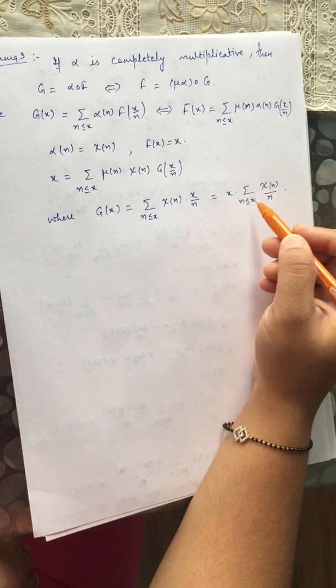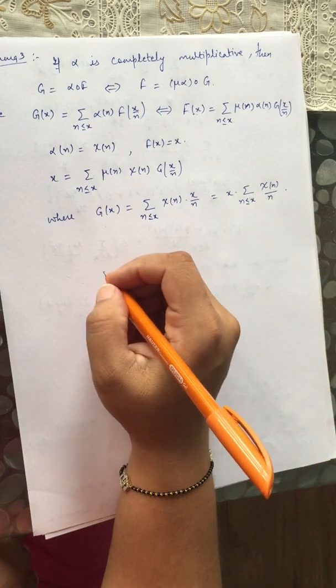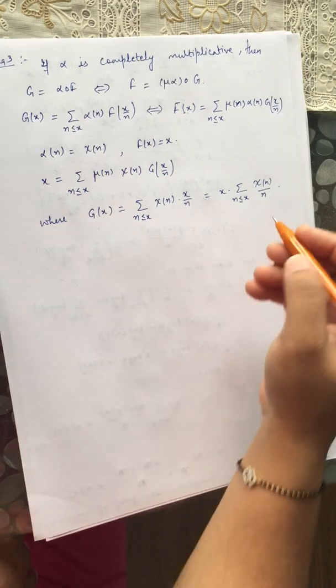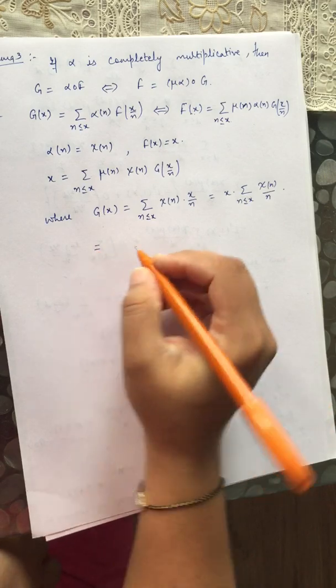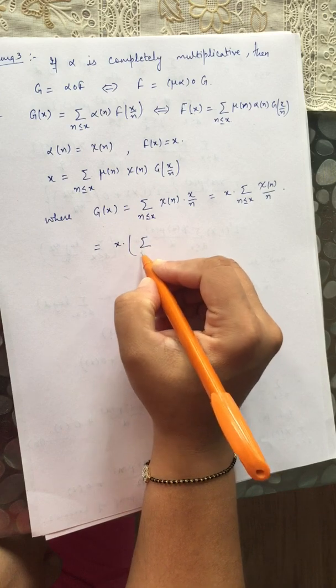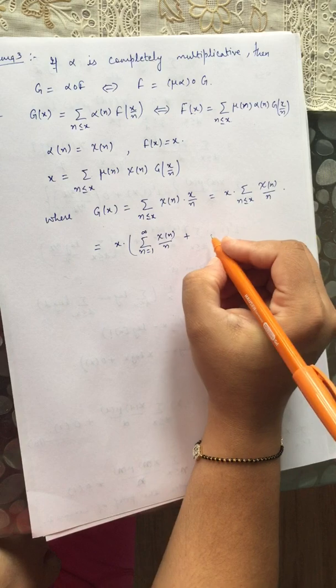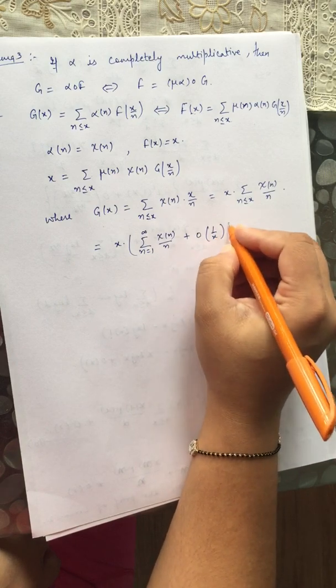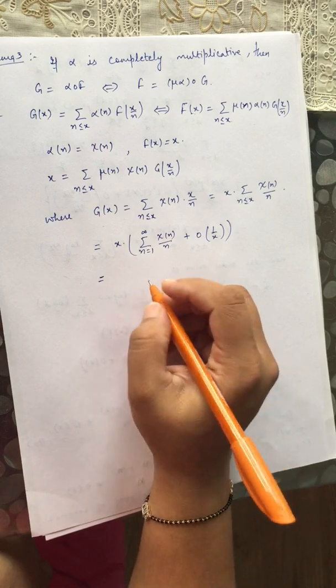Now this summation over n less than or equal to x of χ(n)/n is summation from 1 to infinity of χ(n)/n plus O(1/x). So this becomes x into the summation 1 to infinity χ(n)/n plus O(1/x), again by theorem 6.18 of the previous chapter.